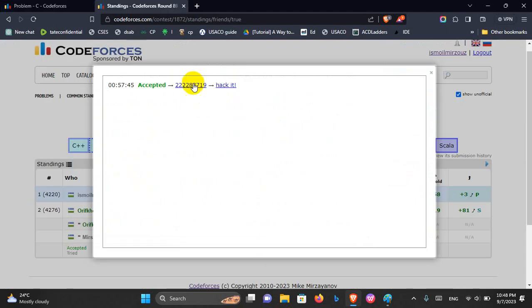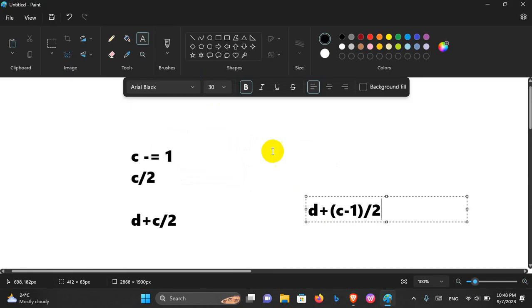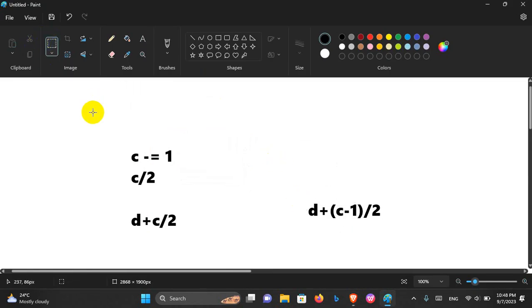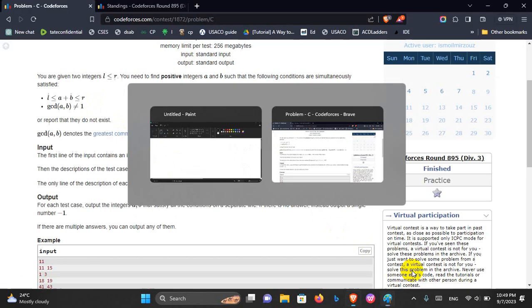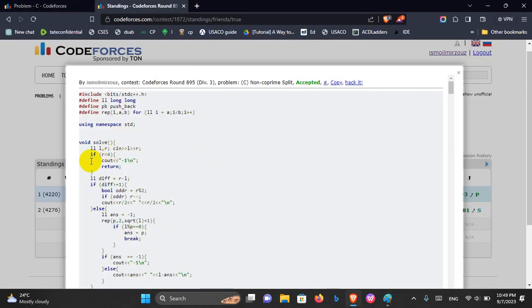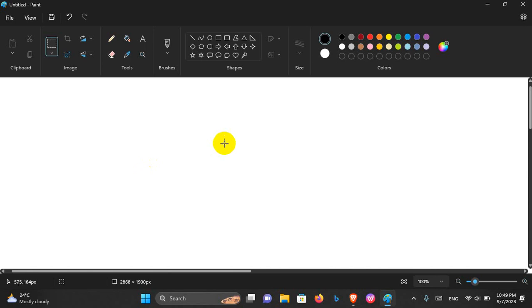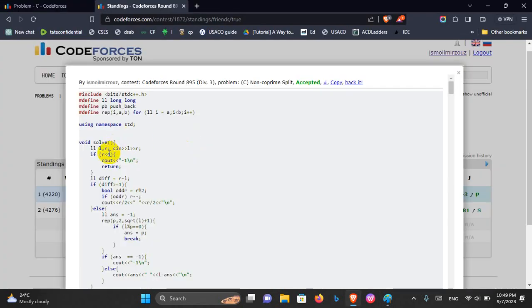The idea is here, so let me remove this one here. As you can see, if R is less than 4, we cannot do anything, so we simply print -1 as output.